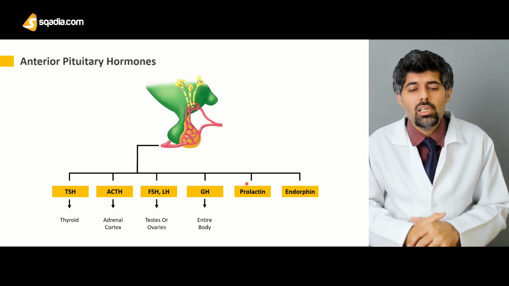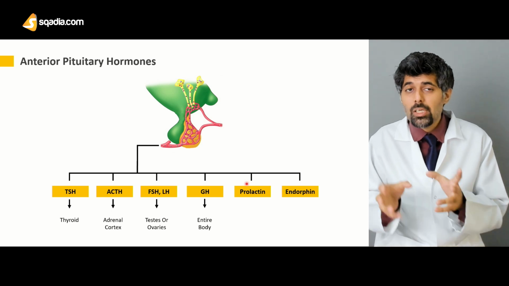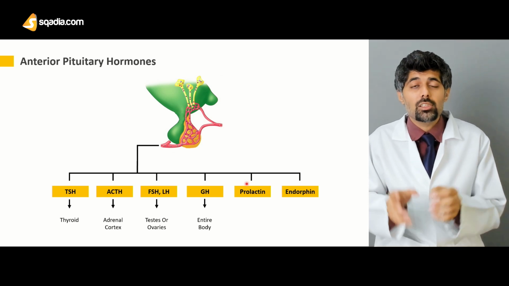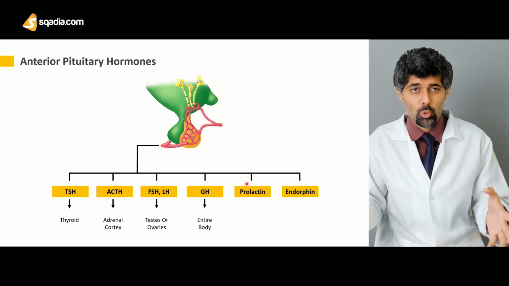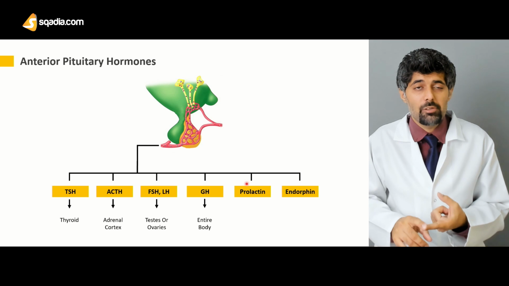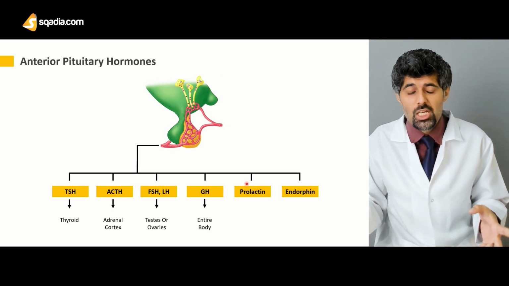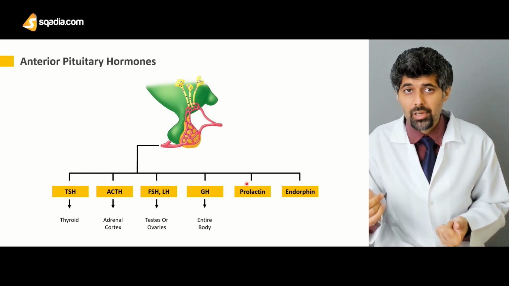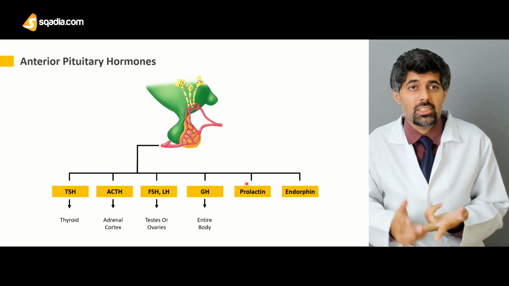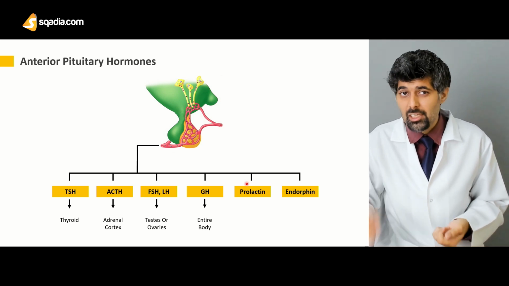Then we have the GH, or the growth hormone. Now, growth hormone is the hormone which affects almost the whole of the body. It affects growth, cell division, and cell differentiation all over the body. It affects the insulin-like growth factor. It affects the effect of insulin on cells; it decreases that effect.